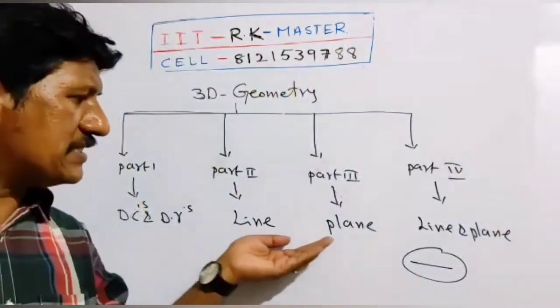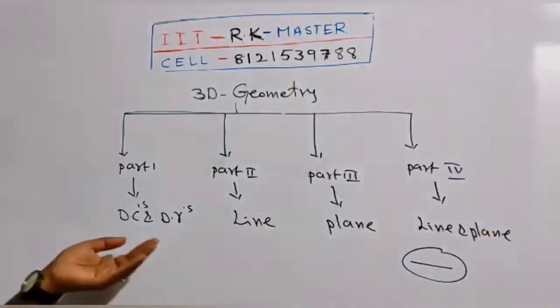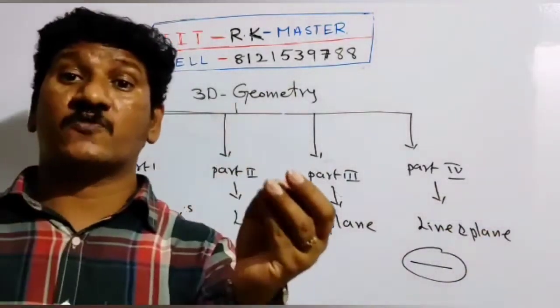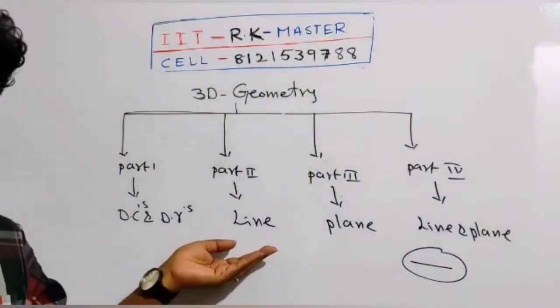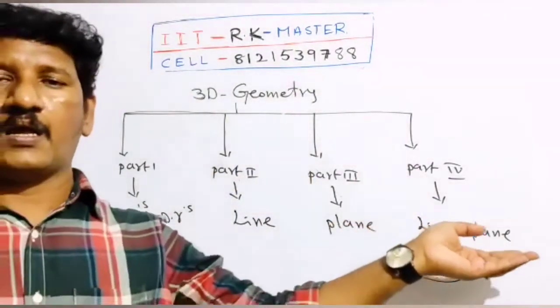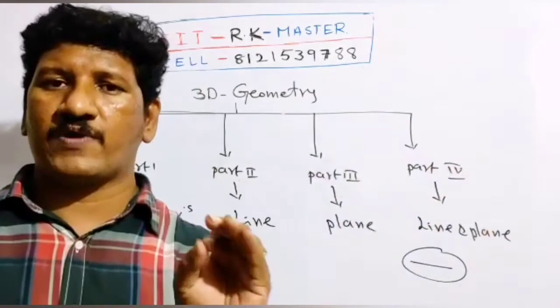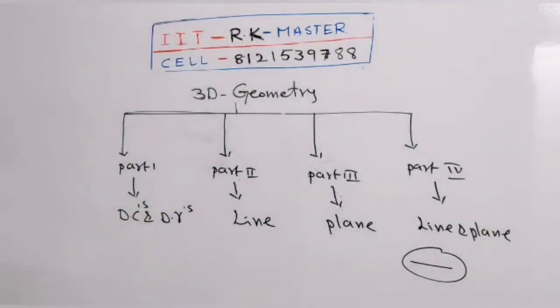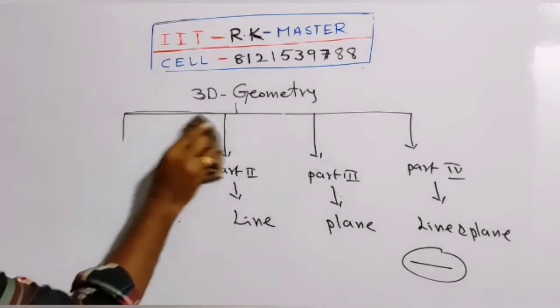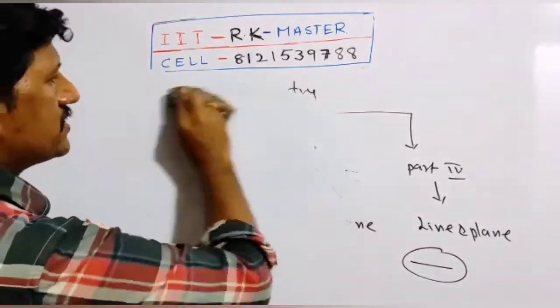In these 3 concepts, the DCs and DRs concept will definitely come. That's why before learning about line, plane and line and plane, we have to study DCs and DRs. Now let us start part 1, that is DCs and DRs.